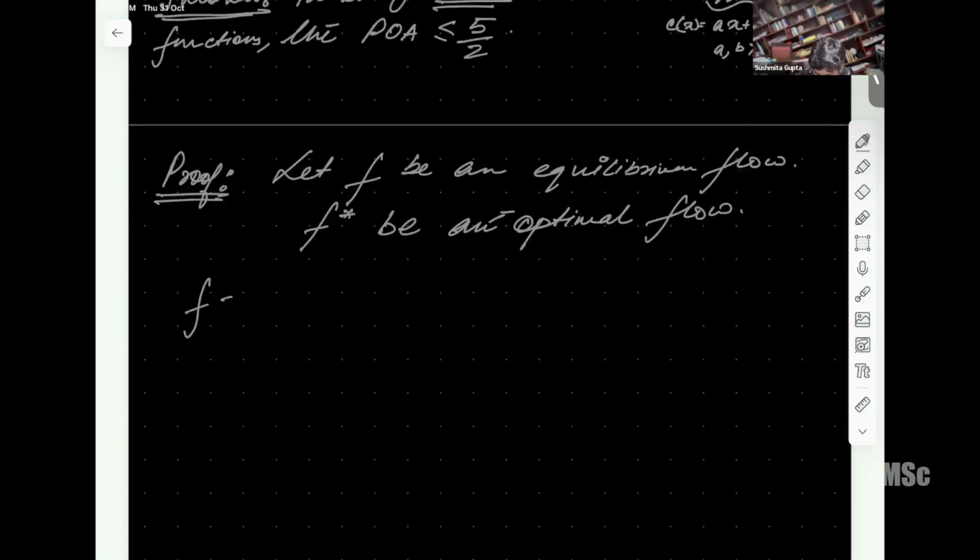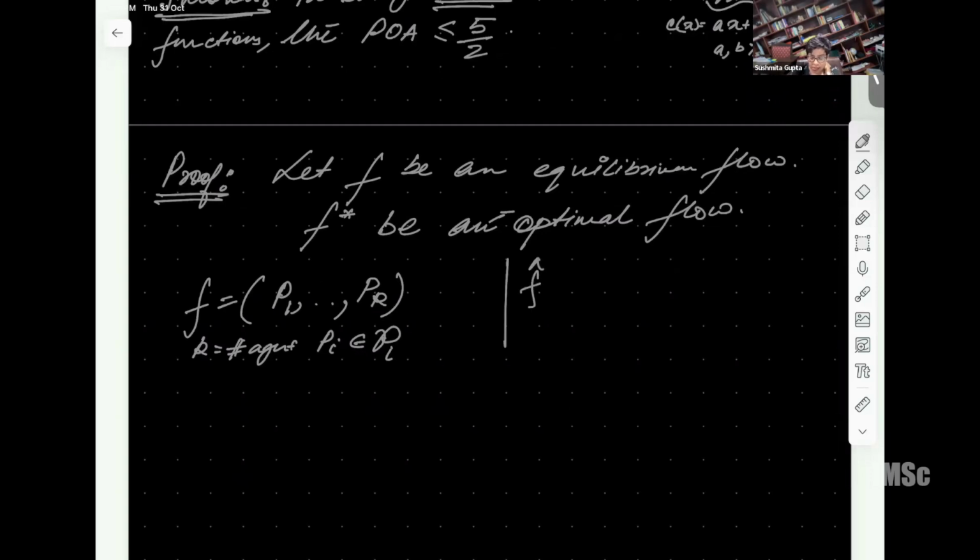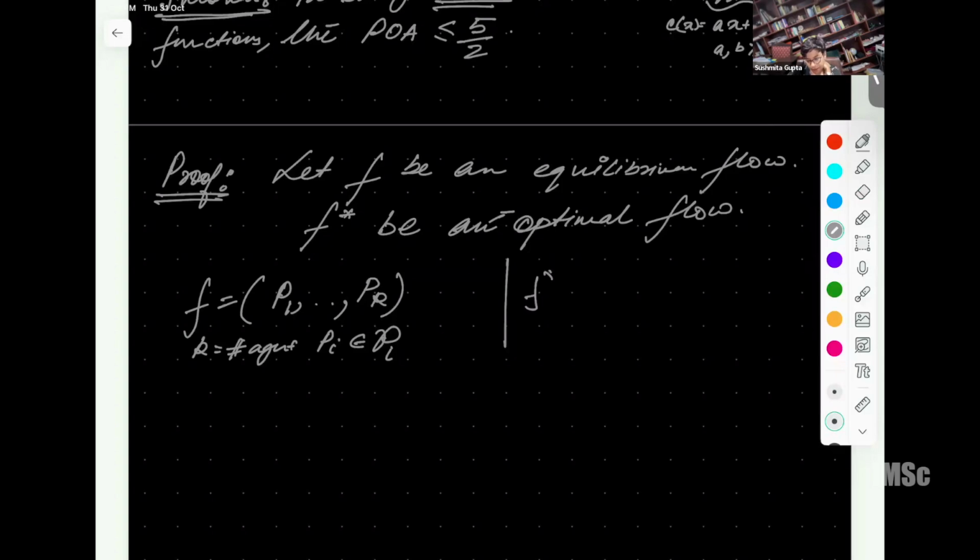Yeah. So it is a choice of path, k being the number of agents, P_i being the feasible path choices for agent i, because agent i wants to go from source s_i to target t_i. Correct? Okay. So f star also has something similar. It's again a selection of paths.